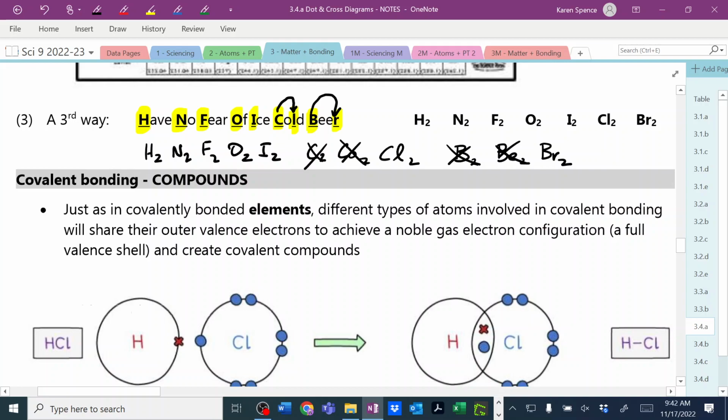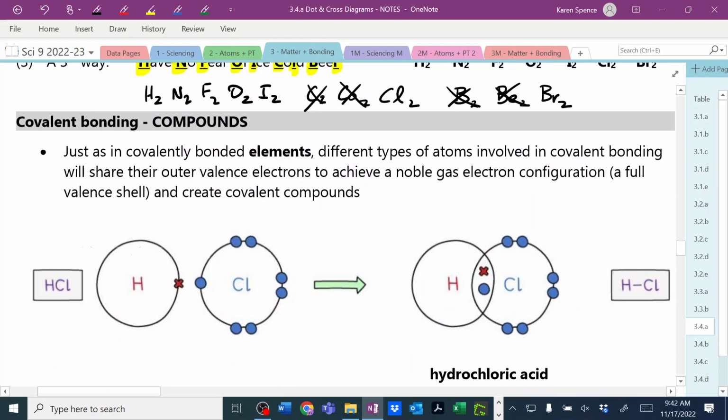Now we're going to do some covalent bonding of compounds. And once again, here we have a hydrogen. How many electrons does hydrogen need to have a full shell? 2. That's the only exception to the 8 rule that you need to know for grade 9, is that hydrogen only needs 2. Chlorine, on the other hand, needs 8. So if they share 2 electrons, then you, whoa, that was supposed to be a highlighter.